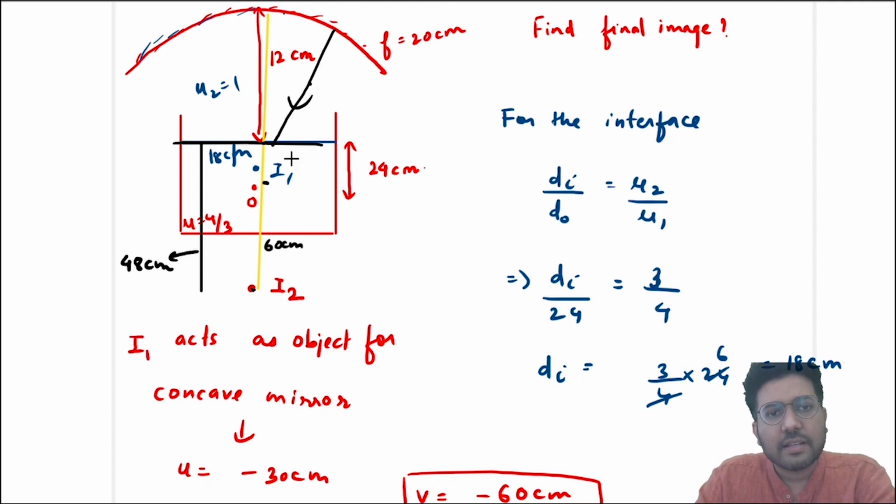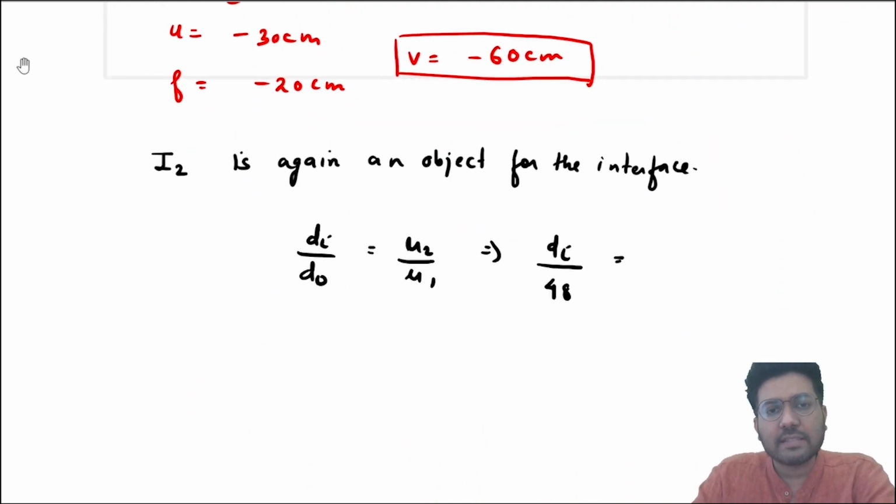So this is the incident side, because the object this time is virtual. That means this is mu1 and this is mu2. This time mu2 is 4 by 3 and mu1 is 1. So I will write mu2 by mu1 as 4 by 3 divided by 1.